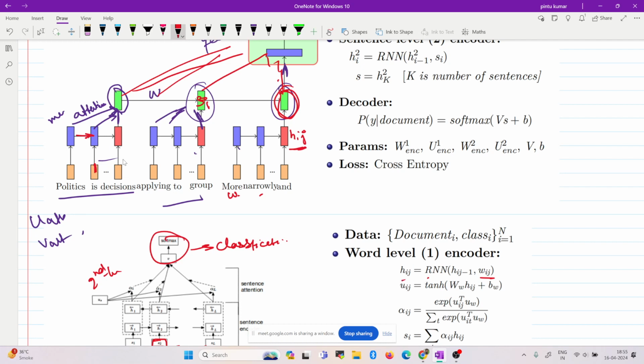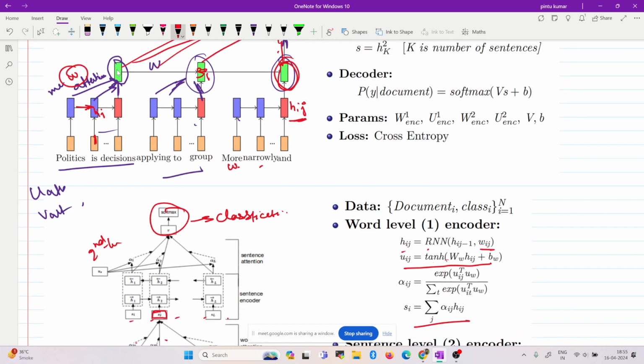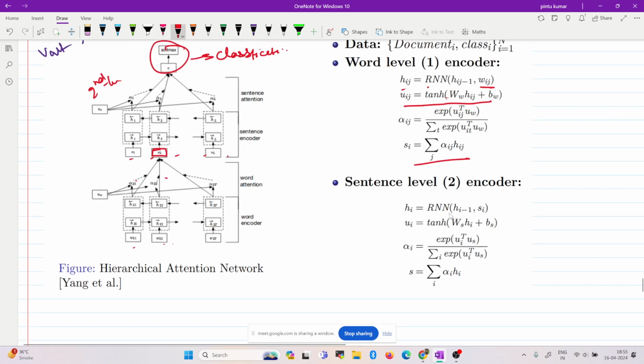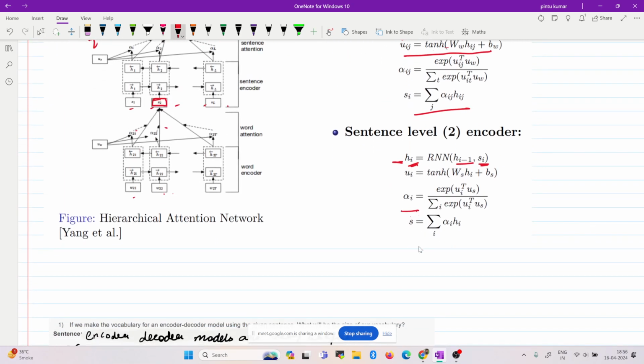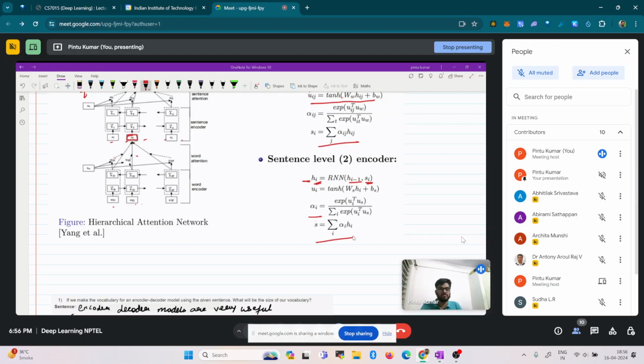You pass this through the RNN to obtain your current hij, right? Then you will obtain the corresponding weights over here, and using those weights, you will obtain your SIs. Now for the second level of RNN, your output depends on HI minus 1 and SI, right? So this was hij, this is hi. Just remember this h over here is not the same as this h. Then again you will have some weights, and for the final output you can have a weighted sum of these things. Okay. So this is how your hierarchical attention works. Any doubt in this?